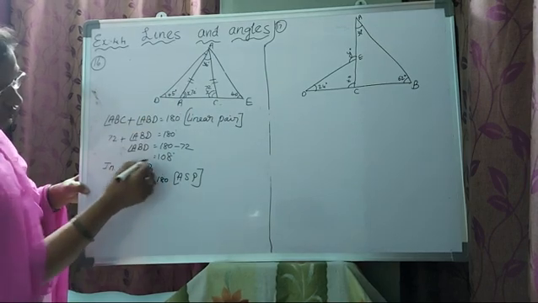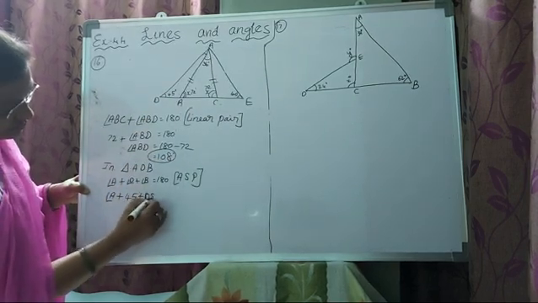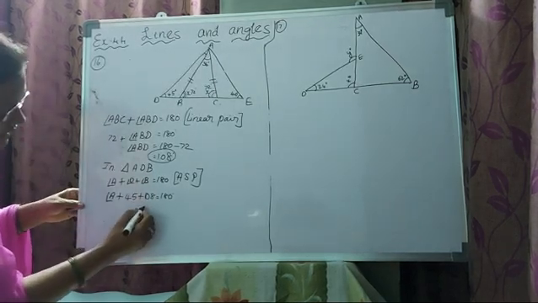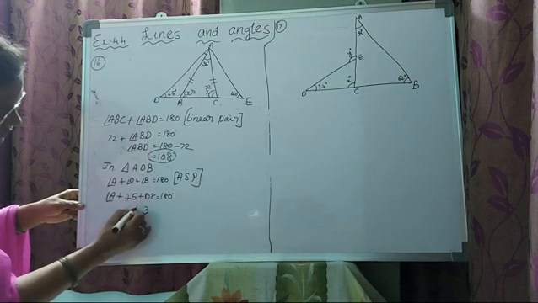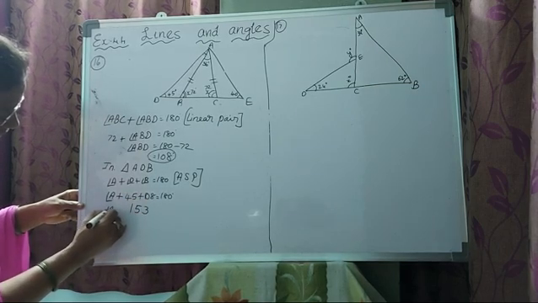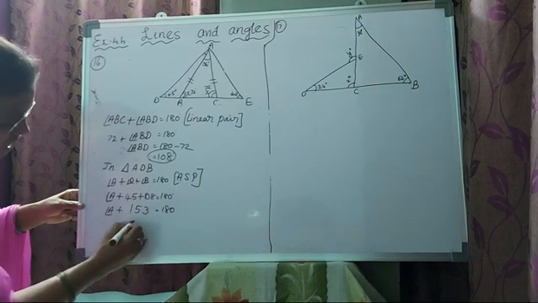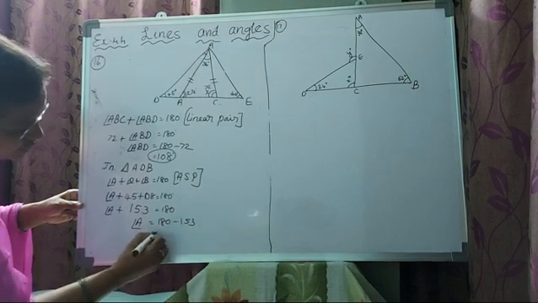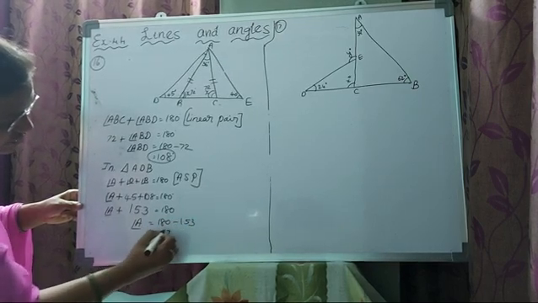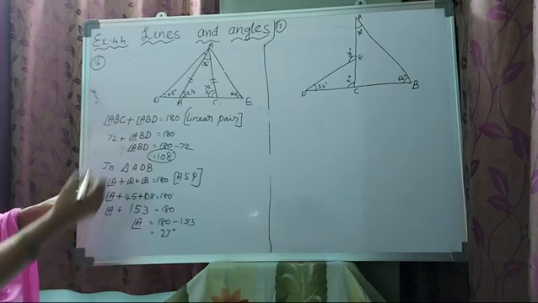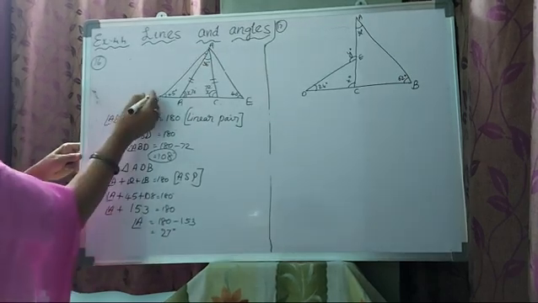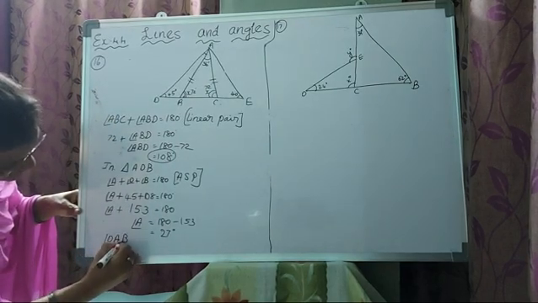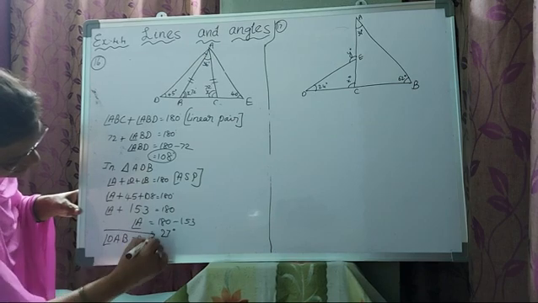Angle B, just now we found, is 108. The total is equal to 180 degrees. So 8 plus 5 is 13, 4, 5, 153. Angle A plus 153 is equal to 180. So angle A is equal to 180 minus 153. So 10 minus 3 is 7. 7 minus 5 is 2. 27 degrees. Angle A, that means angle DAB, is equal to 27 degrees.